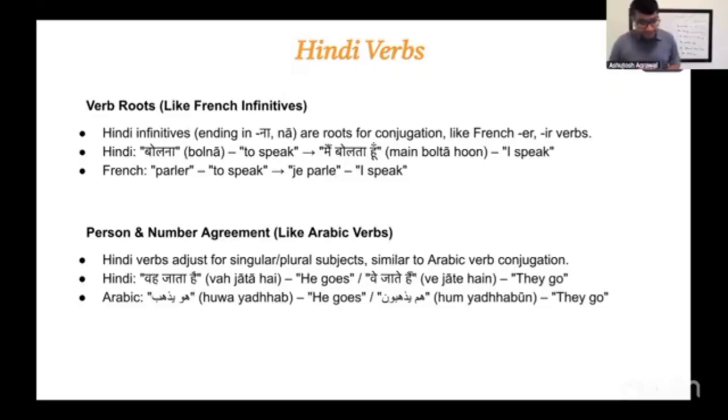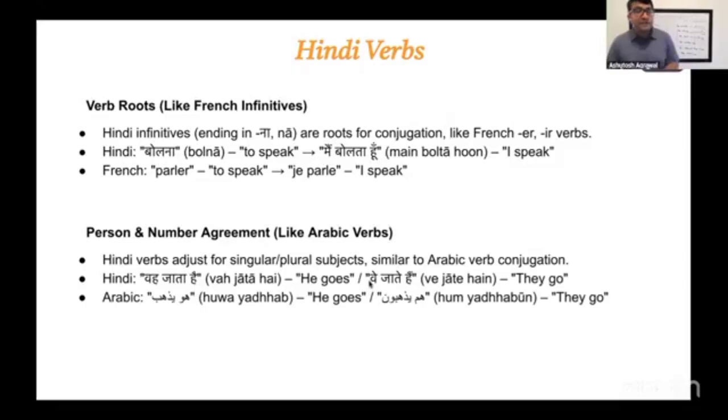Okay. And lastly, Hindi also has to agree with the number of persons that you have, right? So an example is वह जाता है, which is he goes. Okay, वह जाता है. But when you say it for they, or a group of people, you will not say वे जाता है.